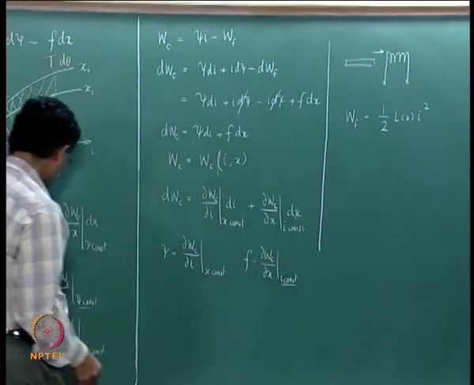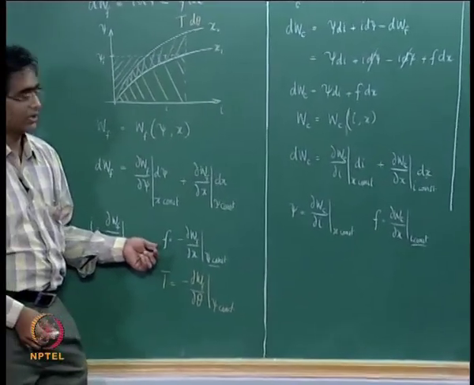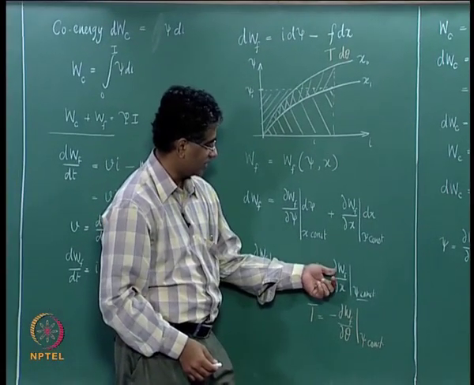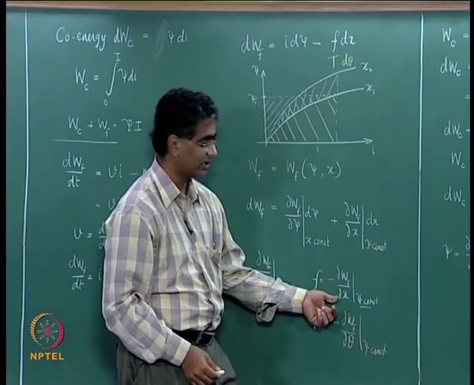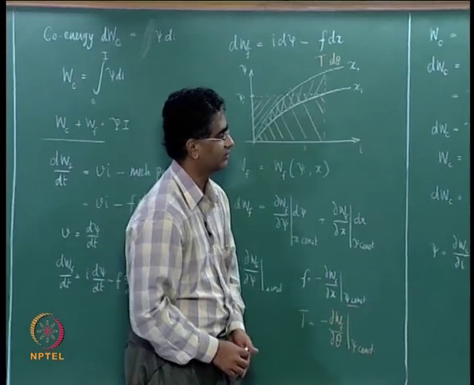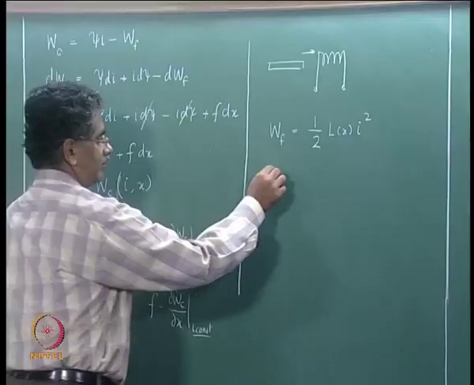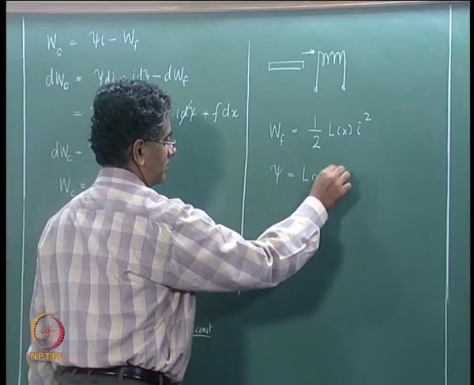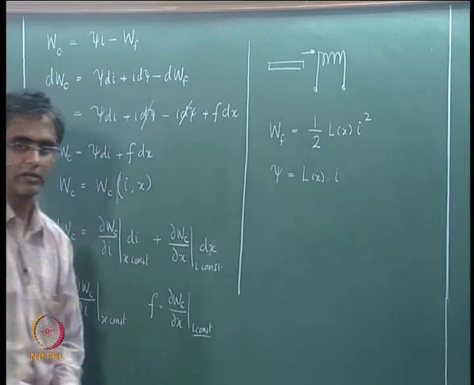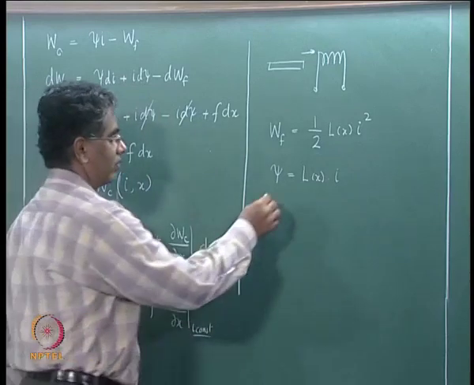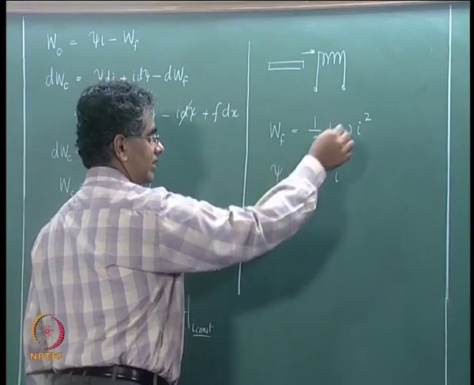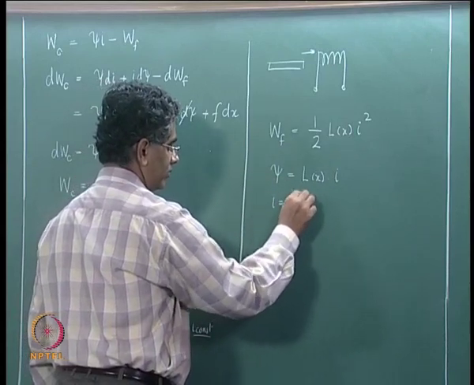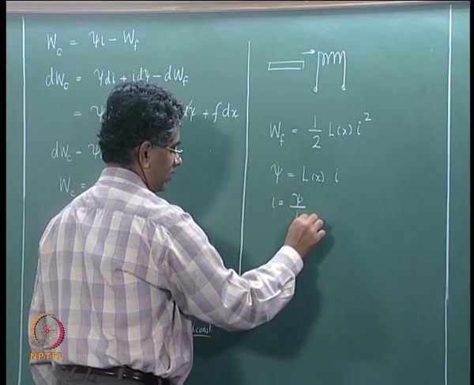And our expression that we have derived for the mechanical force says that force is the rate of change of Wf with respect to x while keeping psi constant, and we know that psi is equal to inductance multiplied by I, and therefore we can substitute in this expression in terms of psi, or I is equal to psi divided by L of x.